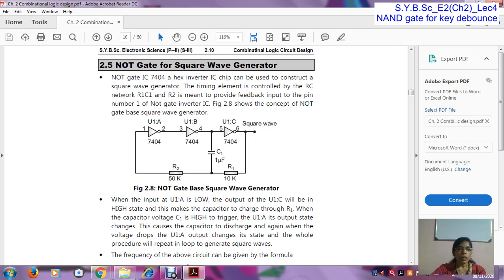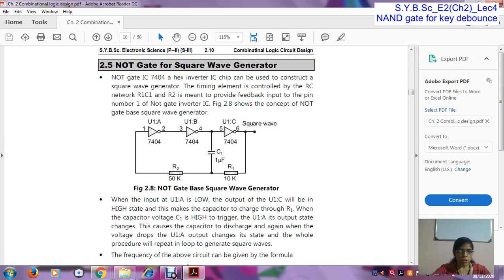Okay, so when the input of the first NOT gate is 0, then we get the output of the third NOT gate 1. So when we get the 1 output, this capacitor will charge through this resistor, and when this capacitor is charged, due to R2 connected in the feedback path, the state of the first NOT gate changes.